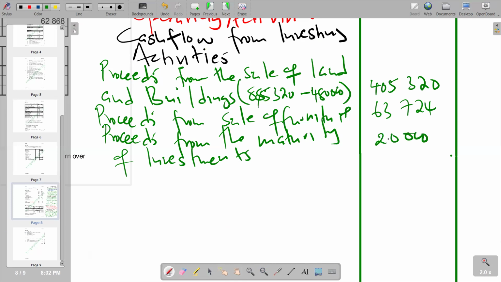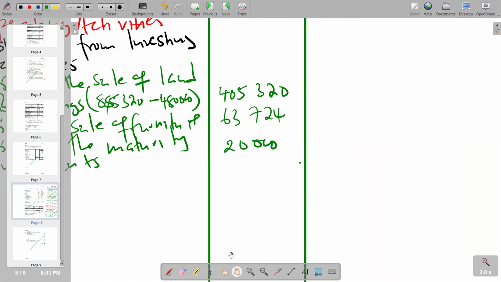So these are the three that we have in terms of investing activities. We can add the three: 405,320 plus 63,724 plus 20,000. Then we get a total of 489,044, which is a positive.